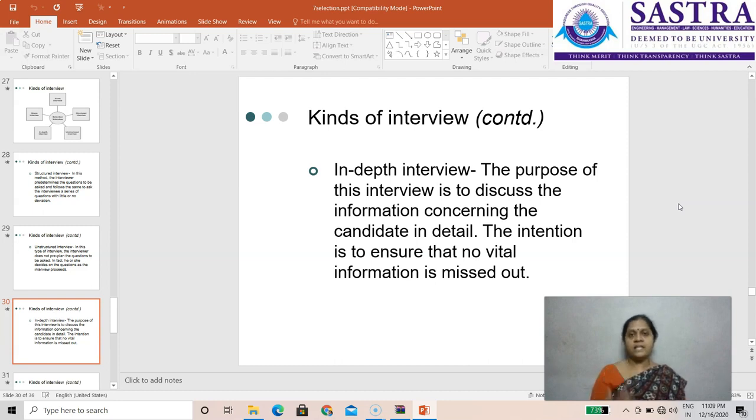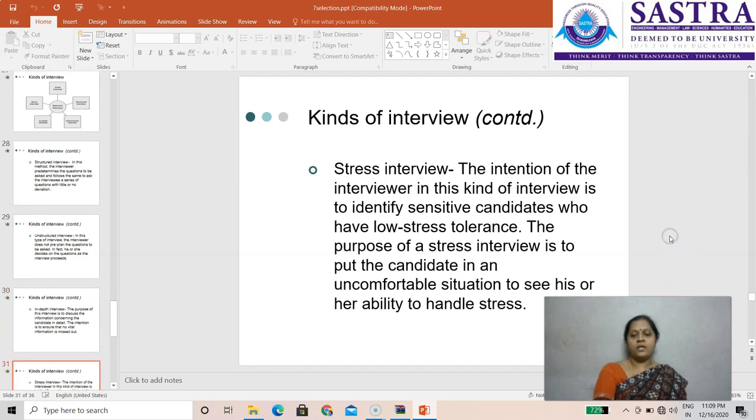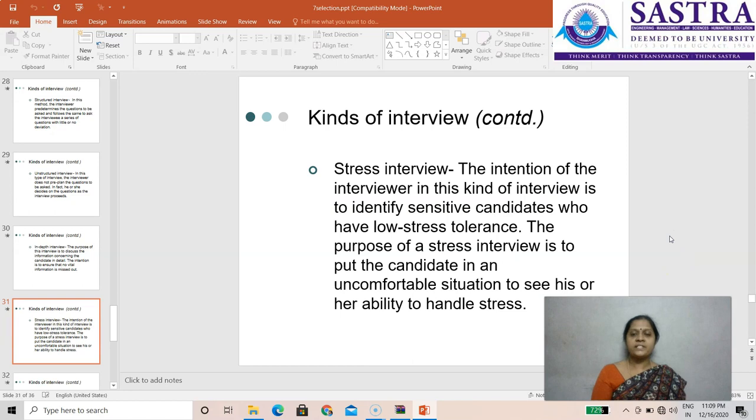This in-depth interview is to ensure that no vital information is missed out. Apart from the details that he has furnished in the employment application blank, the interviewer will be collecting lots and lots of information about the candidate, and hence this is called an in-depth interview.